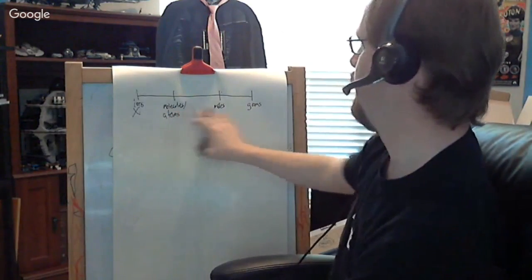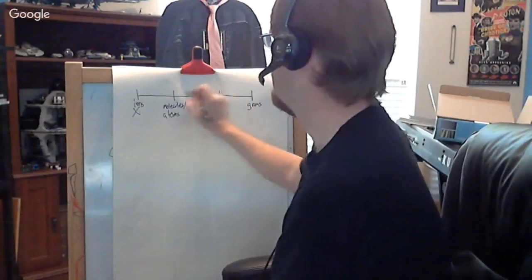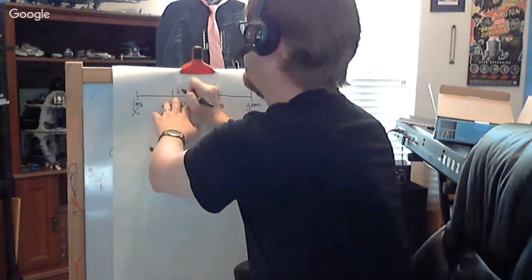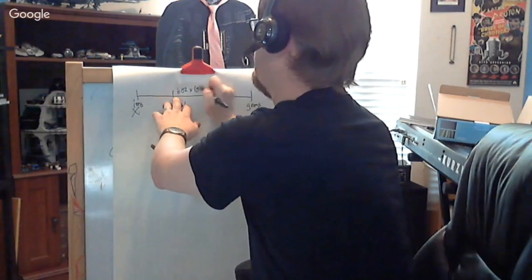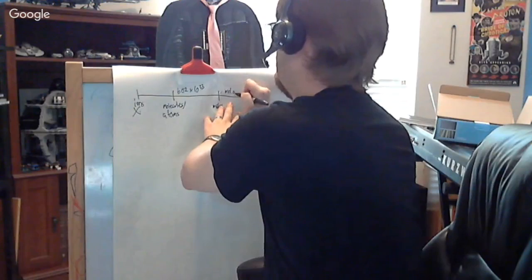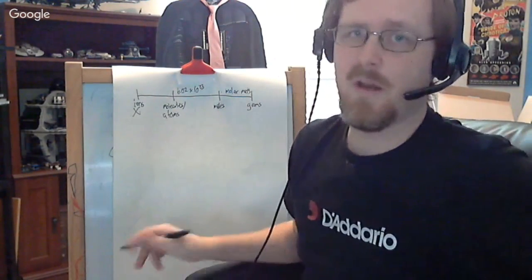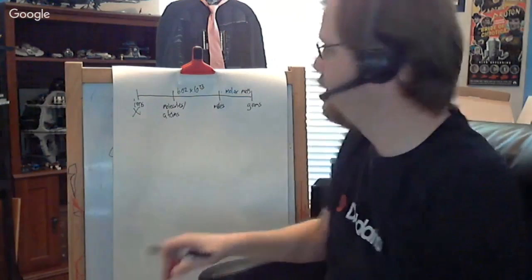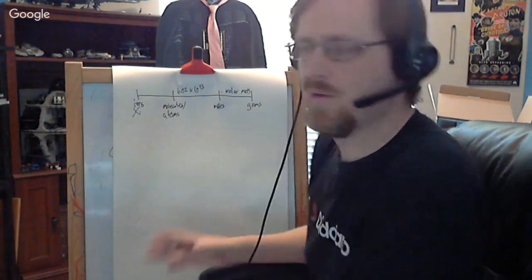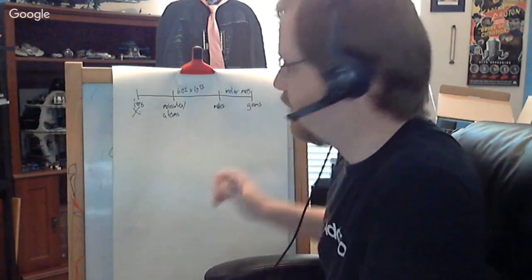Okay, so we've got these 3 units that we're converting between, and then our conversion factor here is 6.02 times 10 to the 23rd, and then this one is molar mass, which you can find on the periodic table. Okay, so let's do a couple of examples of how to use this.